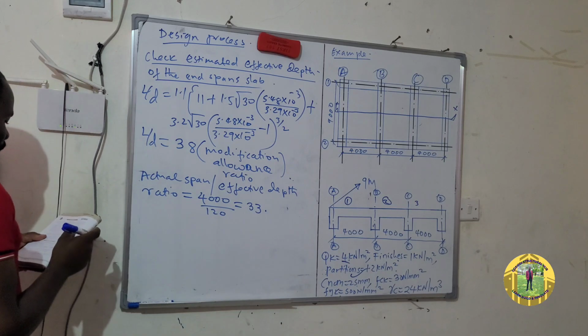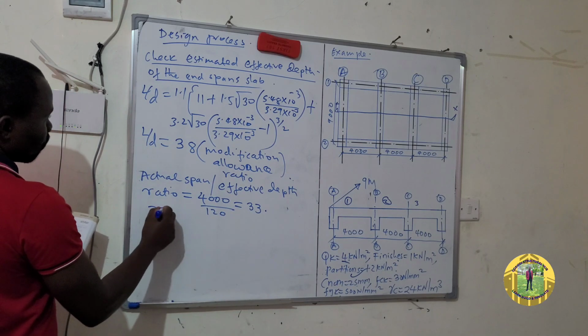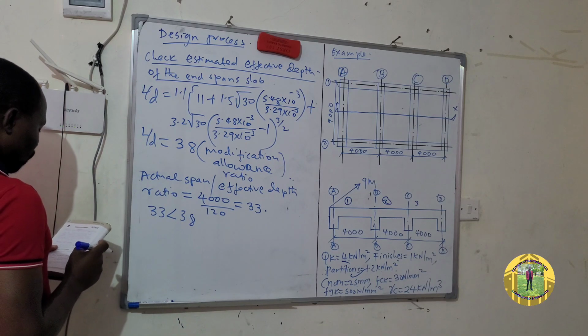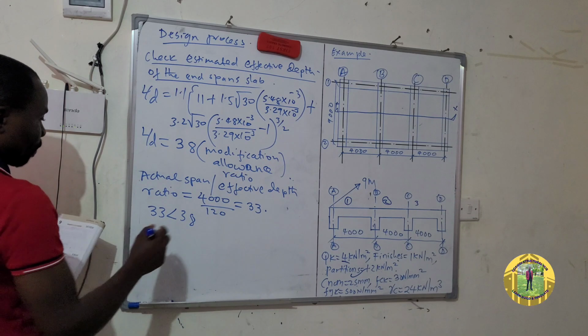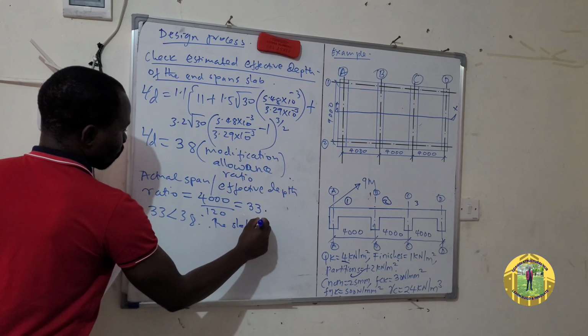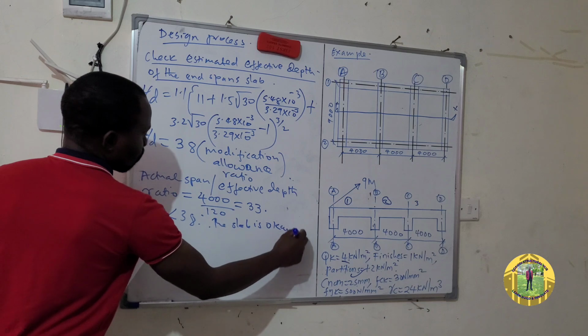Therefore, 33 is less than 38. So the slab is okay. We'll say therefore the slab is okay.